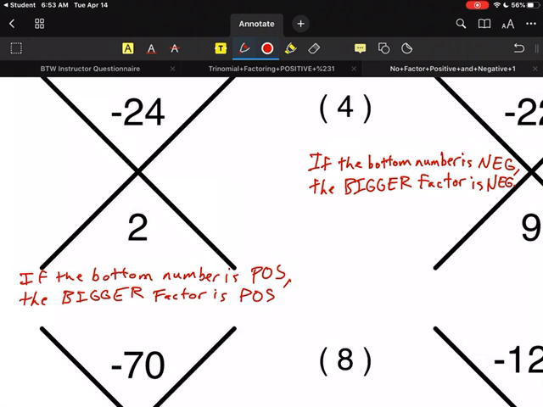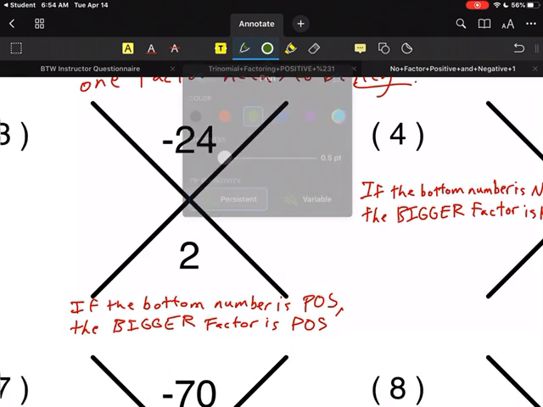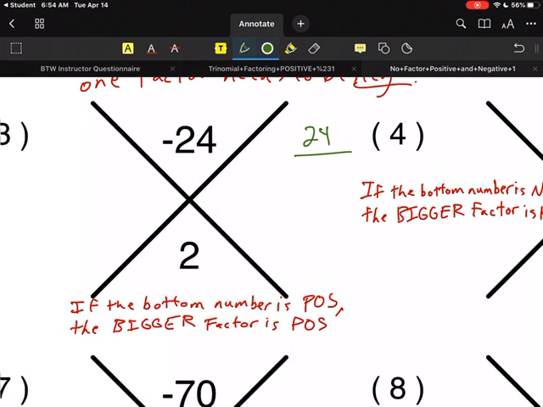The process to getting the factors, these two side numbers, is the same as all the diamond puzzles we've done. Just look at 24. I know it's negative, but look at 24. Make your factor tree for 24: 1 and 24, 2 and 12, 3 and 8, and 4 and 6.